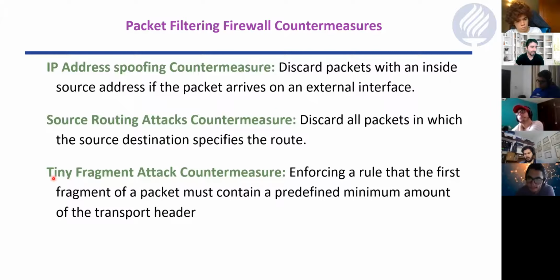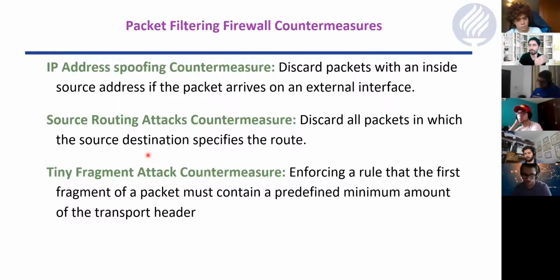Another attack can be tiny fragment attacks, where you don't include all the TCP headers in one packet. All the required TCP information, you don't include it. You break it down into multiple packets.